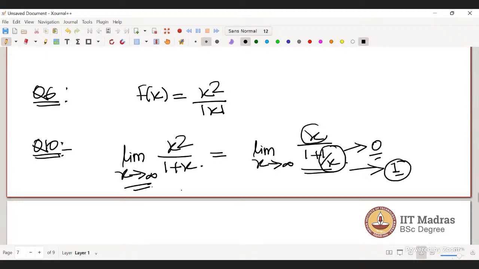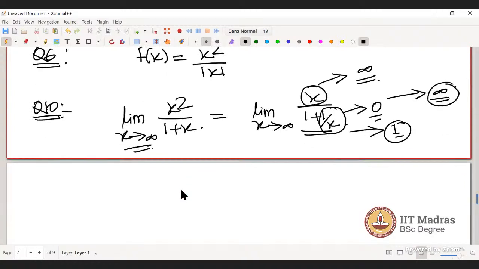But the numerator goes to infinity, right? Yes. So that means the whole expression goes to infinity. Okay. Got it, sir. So my doubts are clear. Okay, any other doubt?